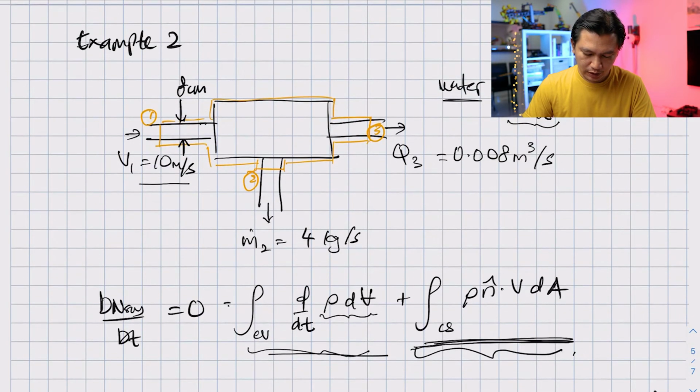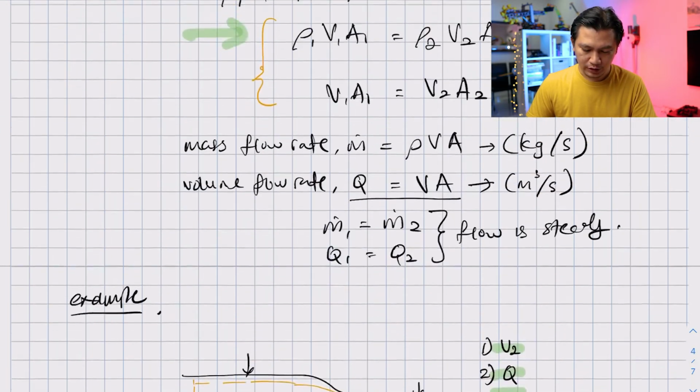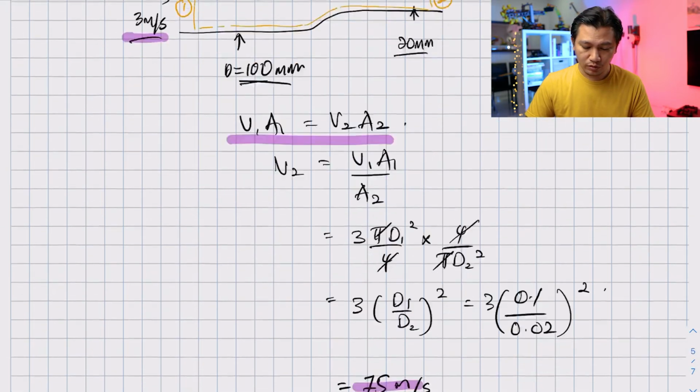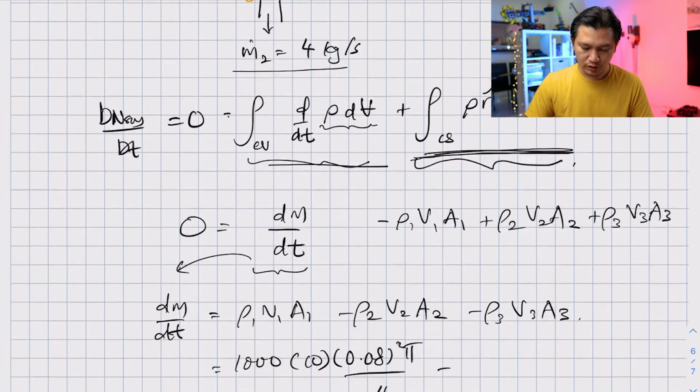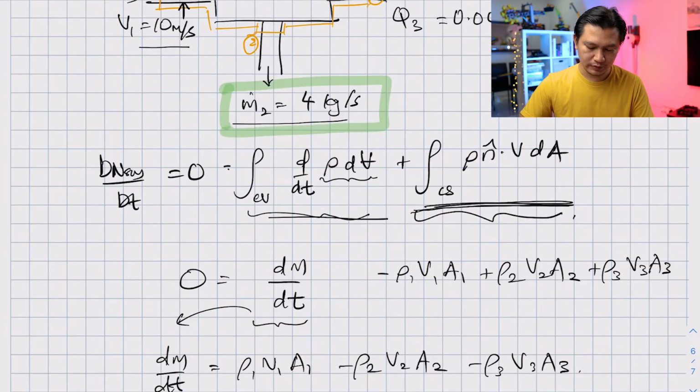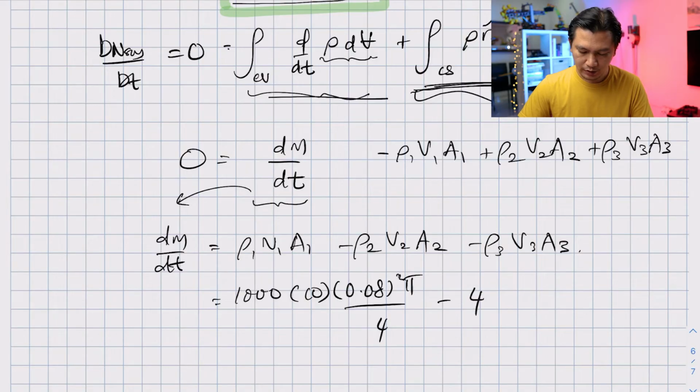And what is rho 2 v2 a2? Looking back at this question, it's given that m dot is equal to 4 kilogram per second, and m dot is already rho times velocity times area. So rho 2 times v2 times a2 is simply m dot 2, which is 4 kilogram per second, and minus rho 3 v3 a3.